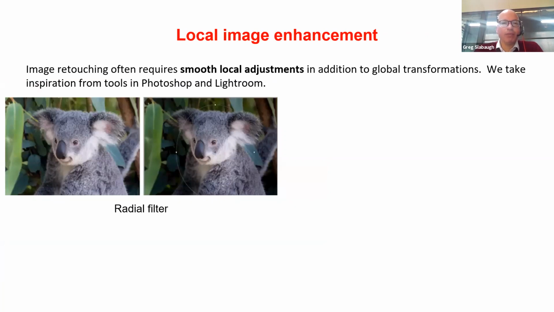So what we did was we created a couple different filters that one could use and actually regress automatically given an input image. One of these filters is a radial filter, which is based on the filter I just showed you on the previous slide. What we want to do in our network is actually regress the shape of the ellipse and also how much enhancement we want to do inside the ellipse versus outside the ellipse.